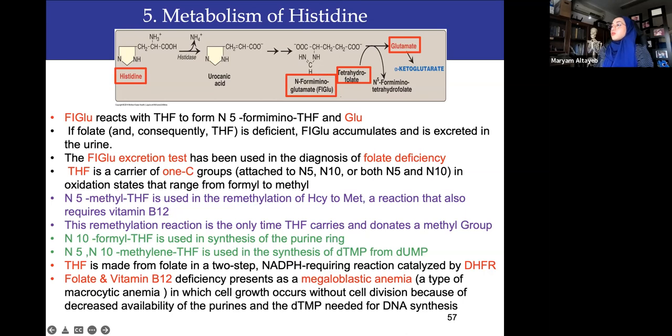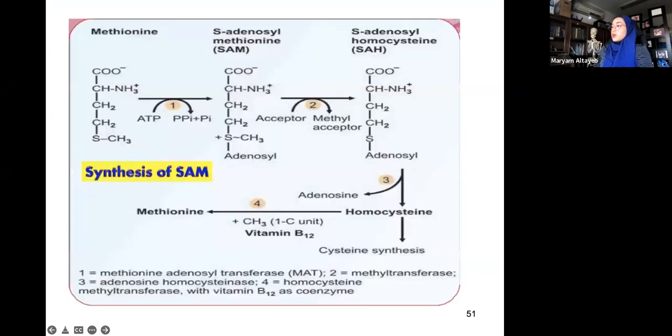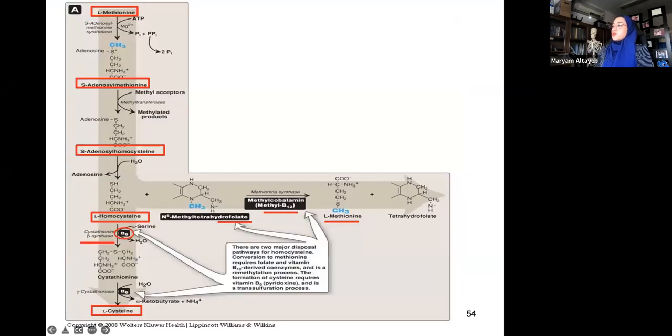And the reason this is important is that it reacts with tetrahydrofolate again. Remember, we talked about tetrahydrofolate and that it was formed from this reaction here: homocysteine turning into methionine, with vitamin B12 present.